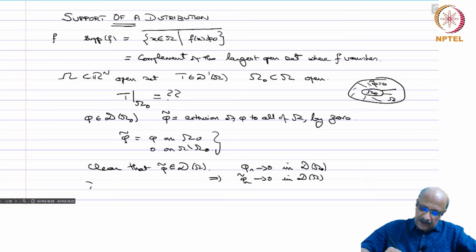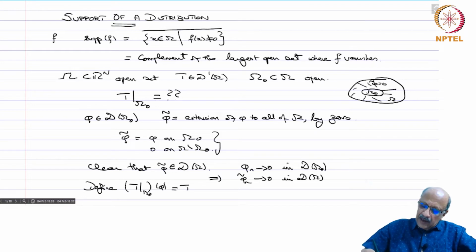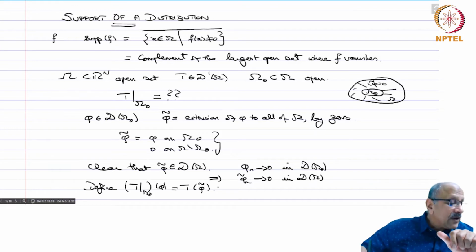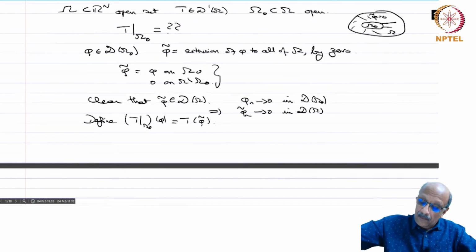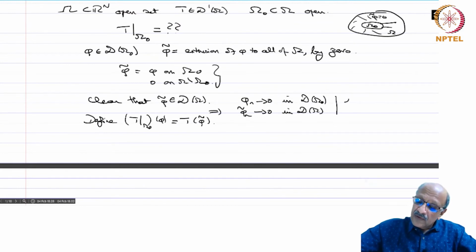So now we define T restricted to omega naught acting on phi as nothing but T acting on phi tilde. So this just says that D of omega naught is included in D of omega in a continuous fashion.